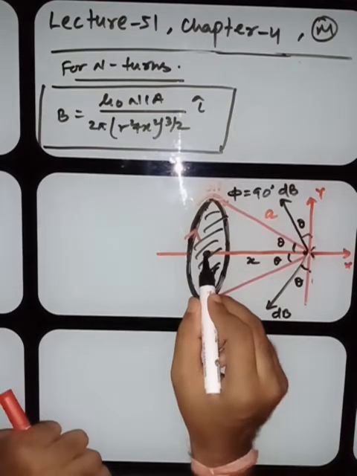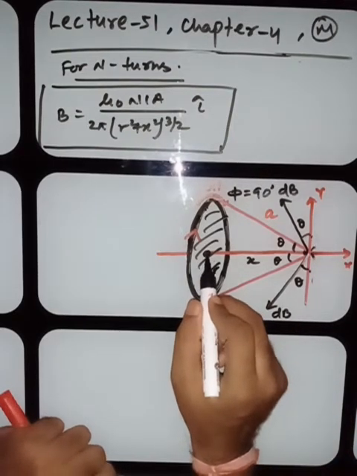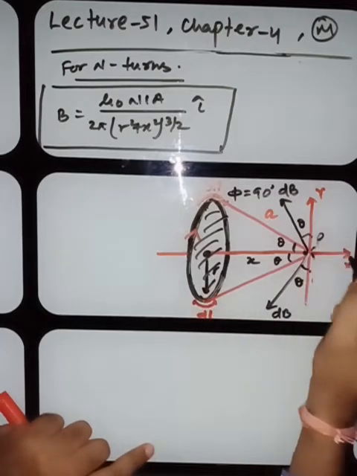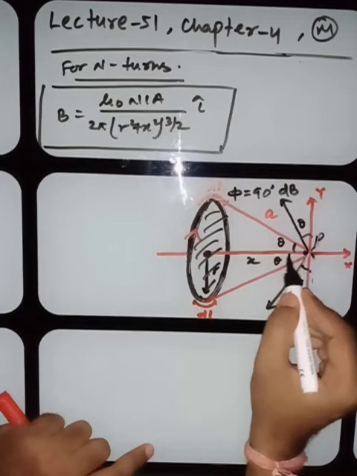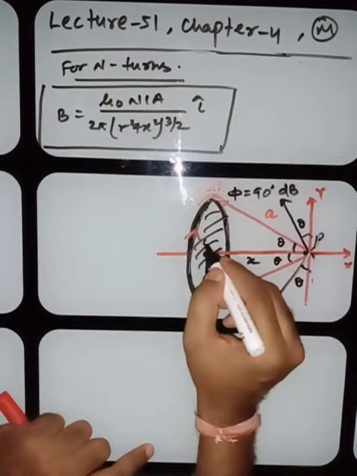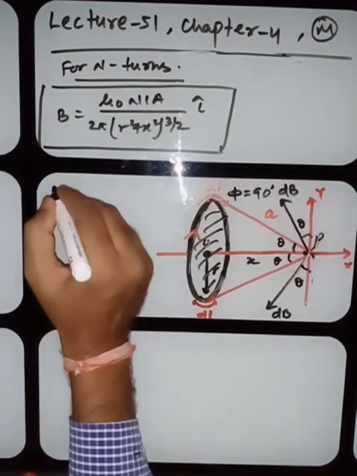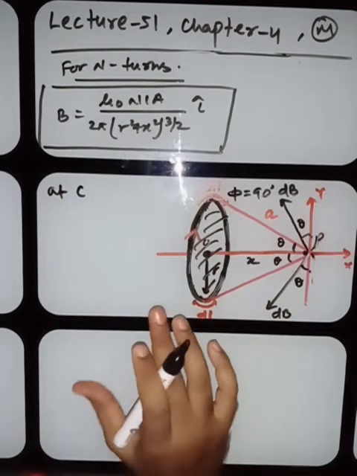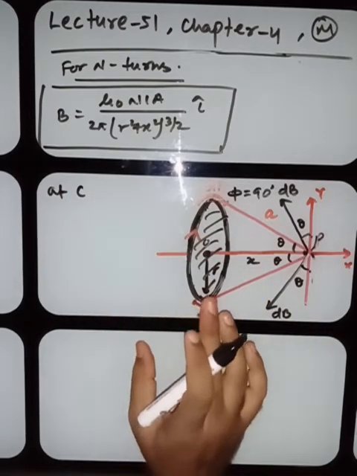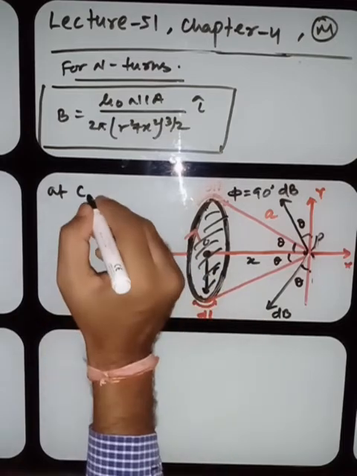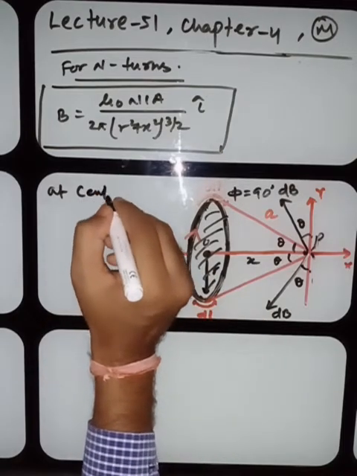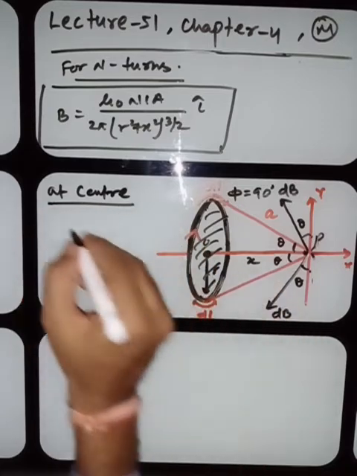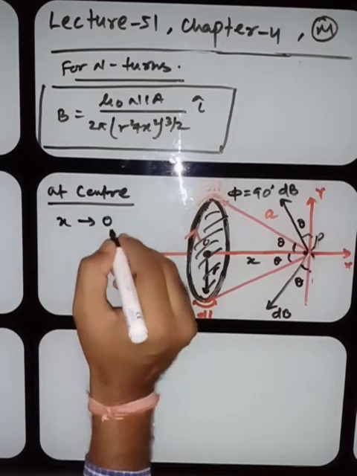To get the magnetic field at the center, what we have to change is that this point P will reach this point O. Suppose this is the center. At the center, although we know the formula, it is mu naught I by 2R. We will get the same at the center. Alright, x tends to 0.